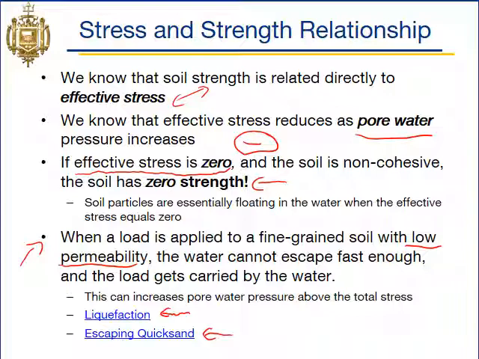If the water couldn't escape, you'd just be squeezing the water, but when you squeeze the sponge, you put pressure on the water and the water squeezes out of the sponge. But in the soil, the water just can't escape fast enough, so it ends up carrying the load. So what happens when it carries the load is the pore water pressure goes up, and the pore water pressure will end up going above the total stress, making effective stress go down to 0, and then that soil becomes a liquid.